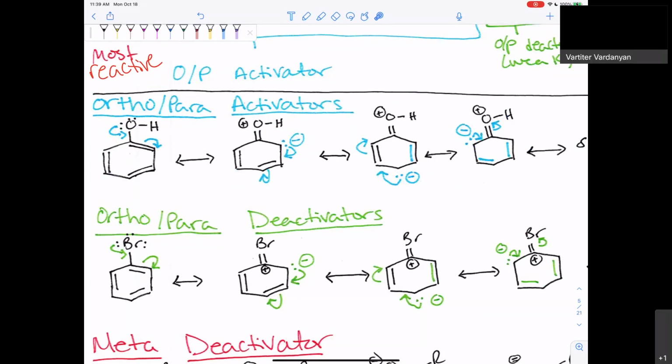They donate through what? Electronic effects and inductive effects. Awesome. So all of the donating groups are going to do this, except R groups, and that's why we consider R groups really weakly donating. They're still donators, they're still ortho-para directors, but they're really weak donators.